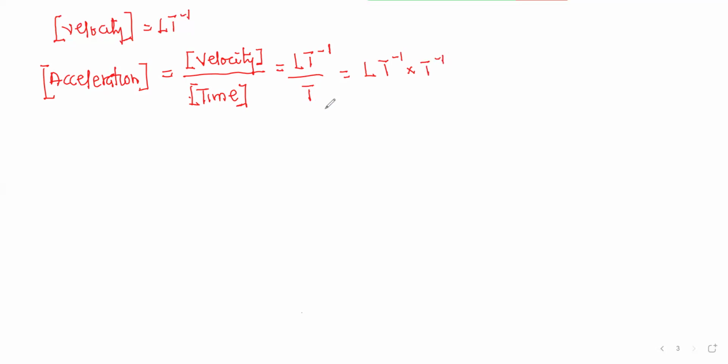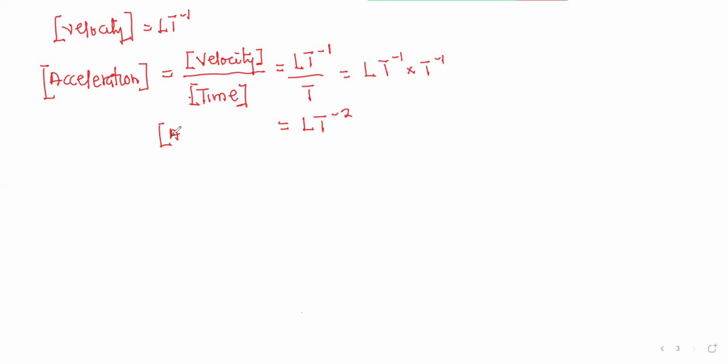Don't forget when the denominator comes up, it changes to T exponent -1. And so we have the dimension of acceleration being LT exponent -2.